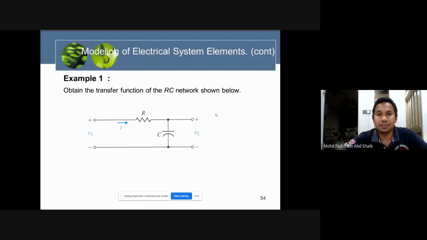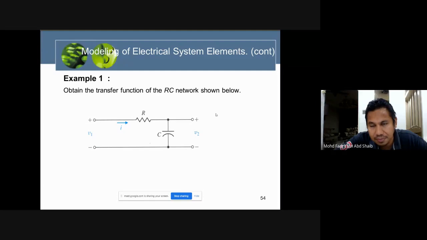Okay, we take a look at example number 1. We have R and C. We need to obtain the transfer function of the RC network shown below. So transfer function means what?